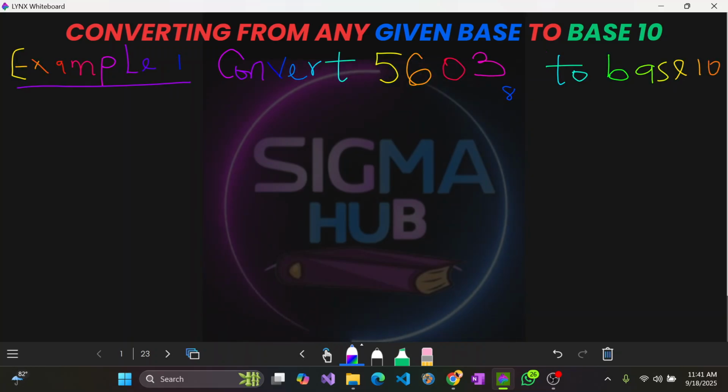So we have to convert 5603 base 8 to base 10.